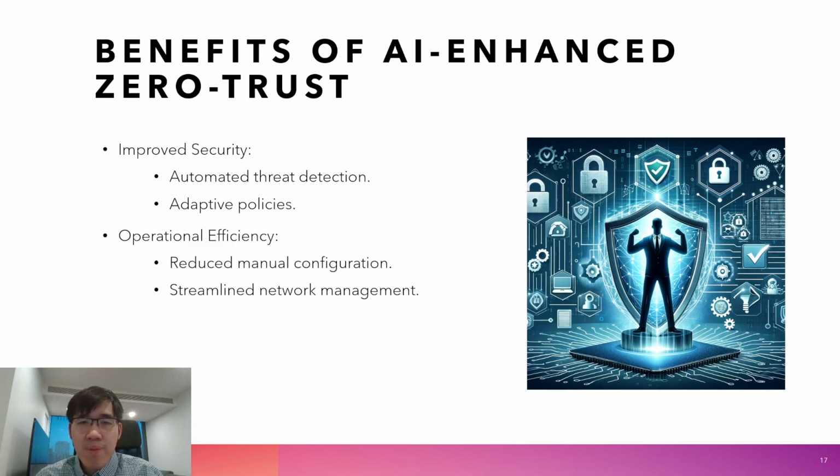So as you can see, there's a lot of benefits that can be derived from this. First, there's the aspect of improved security because you can get automated threat detection and also adaptive policies. You can continually have your LLM model, such as GPT, review the policy and update it accordingly.